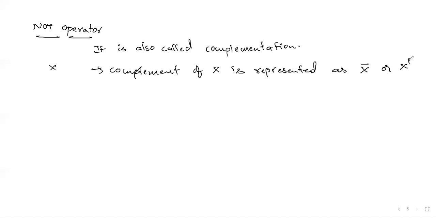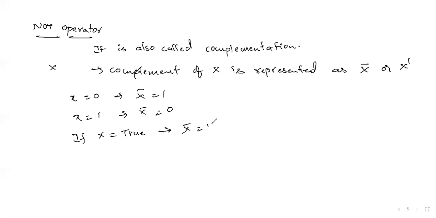If x value is 0, then x bar will be 1. If x value is 1, then x bar will be 0. It means if x is true, then its complement will be false. If x is false, its complement will be true. It is the opposite, and that is the not operator. Is it clear?